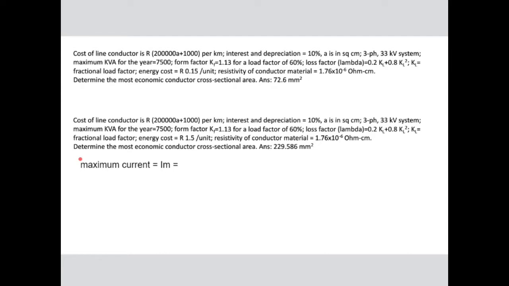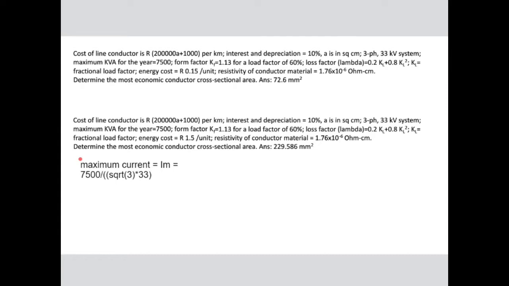So it's 7500, if you remember the formula that came from yesterday, divided by √3 times the voltage, which is 33 kV, and it will be within brackets.